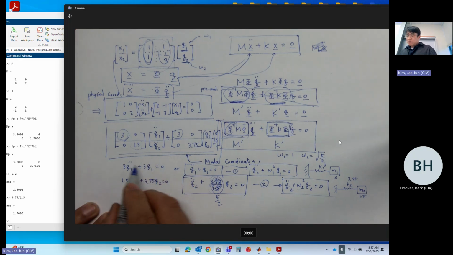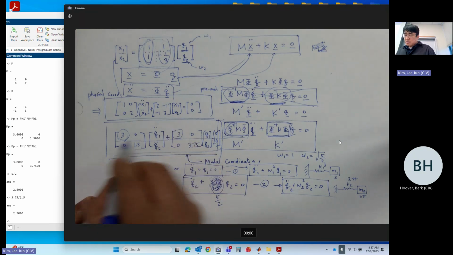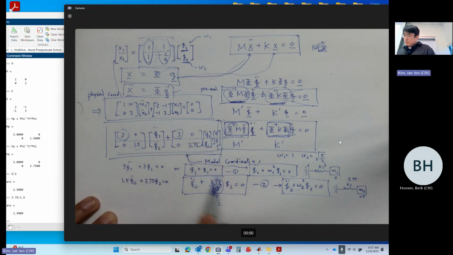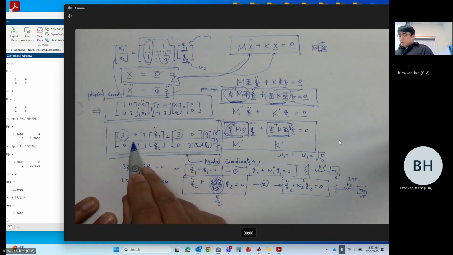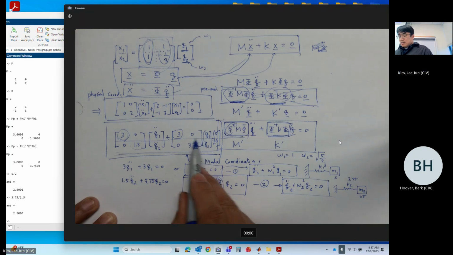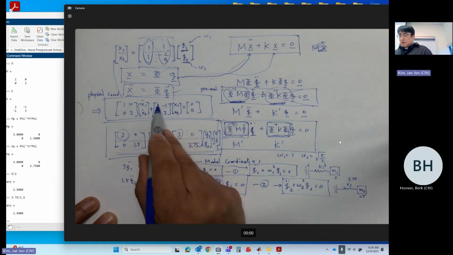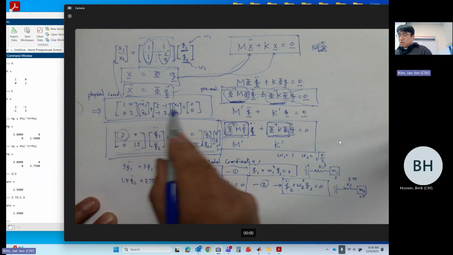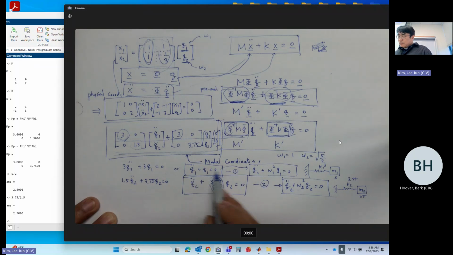So if you write the equation of motion in modal coordinates, you essentially decouple the coupled equations in physical coordinates into a set of uncoupled single-degree-of-freedom differential equations.